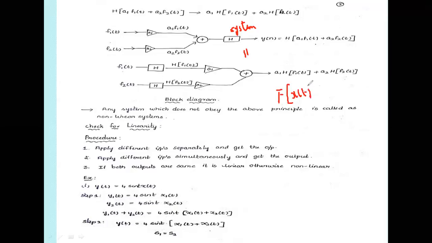The representation of the signal and output response may differ. If both are equal, the system is said to be linear. The system which does not obey the above principle is called a non-linear system.